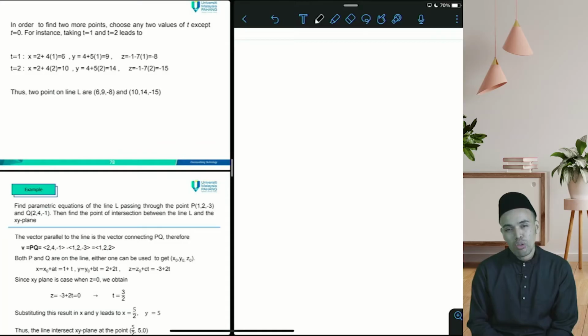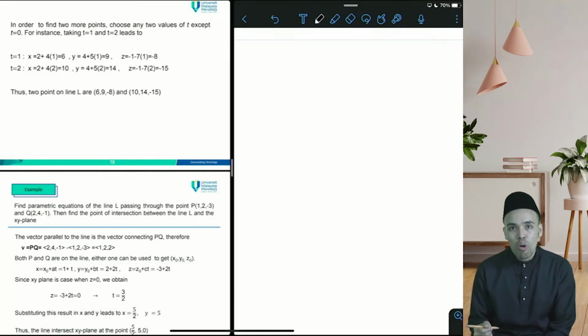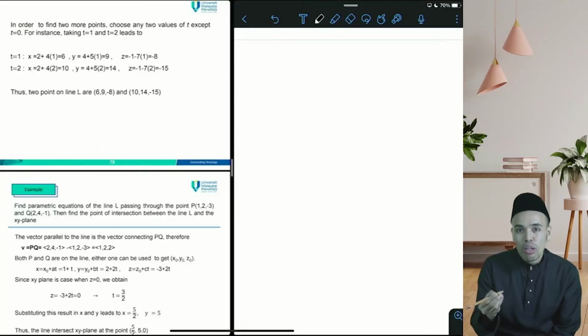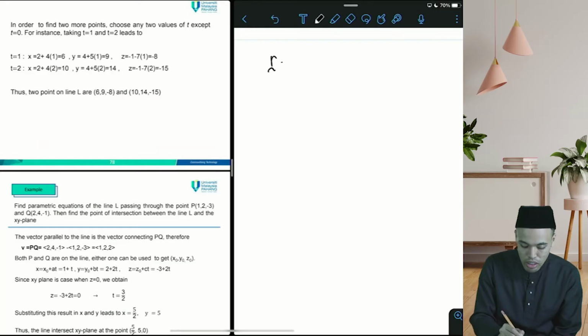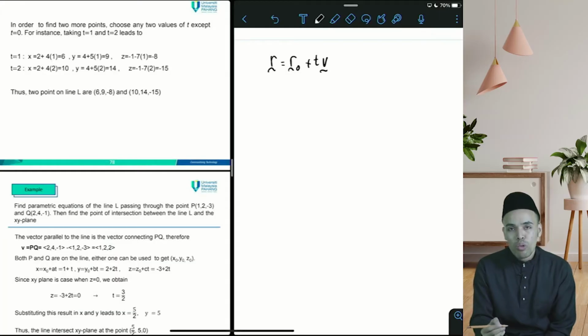The question asks you to form a parametric equation of a line passing through 2 points. According to what we have understood earlier, in order to form the vector equation of a line, you need to recall the formula: vector r is equal to vector r naught plus t vector v. As we agreed earlier, you have to find at least a point and also a parallel vector.